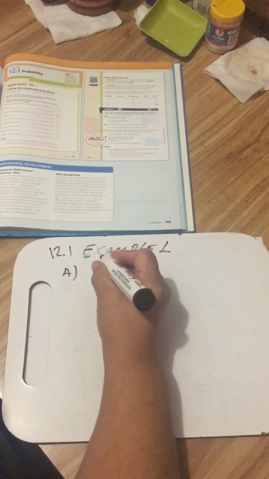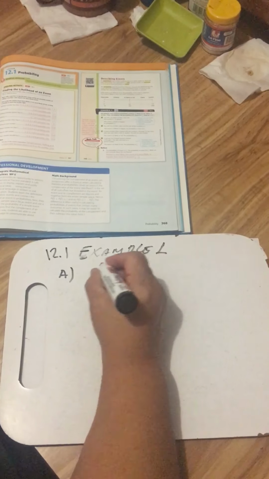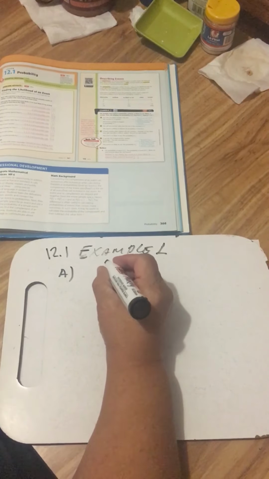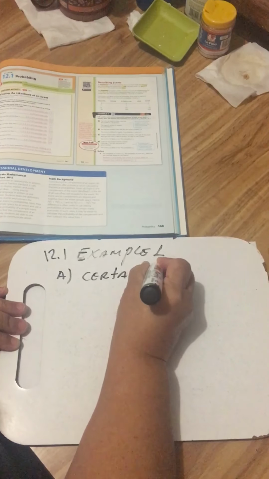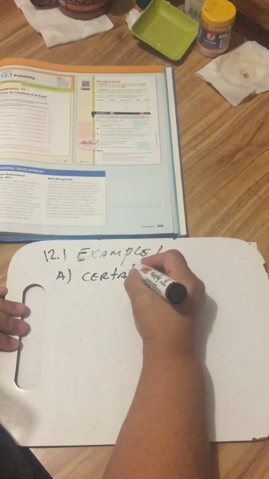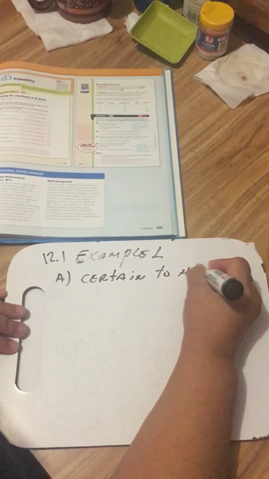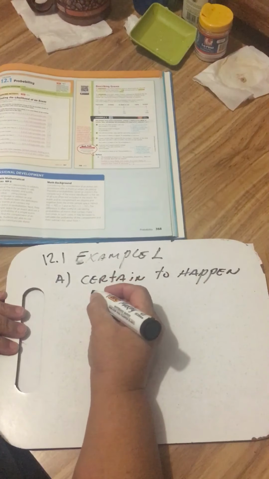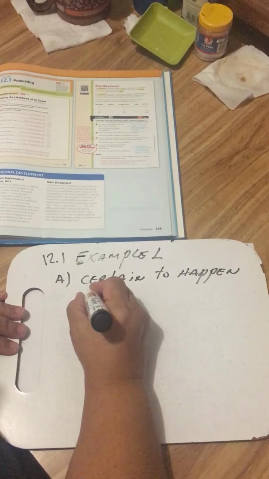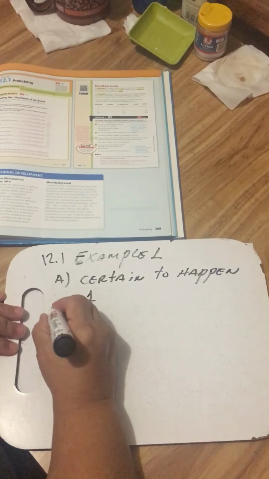Remember that it's 1, then it's going to be 6 faces, so the event is certain to happen. Then the probability is going to be 1.